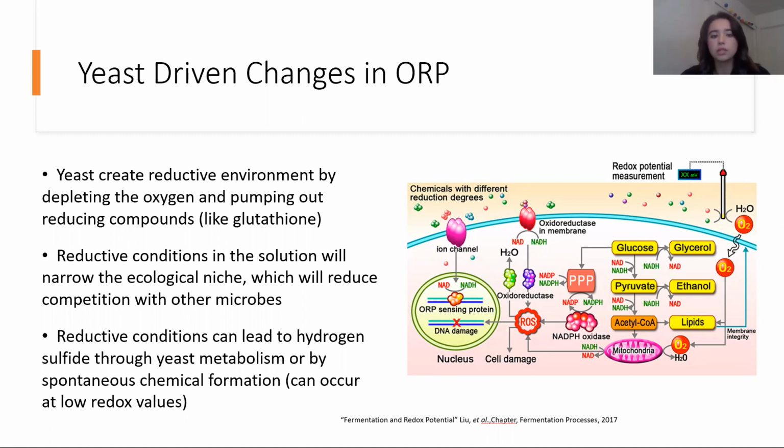And you can think of this as another way to narrow the niche of what organisms can grow in the solution, much like when alcohol is produced in fermentation in order to limit other microbes' growth. And so a low redox potential could lead to H2S production, either through yeast metabolism or chemical formation, which is a common concern for winemakers.